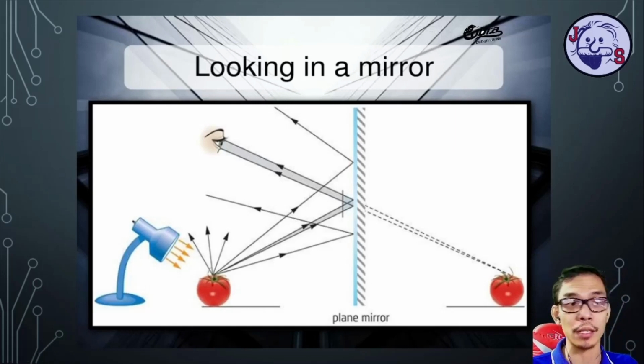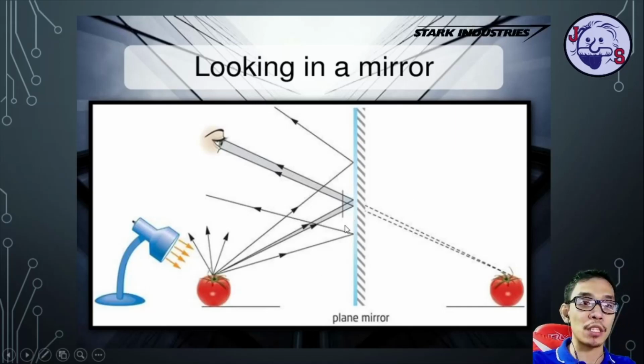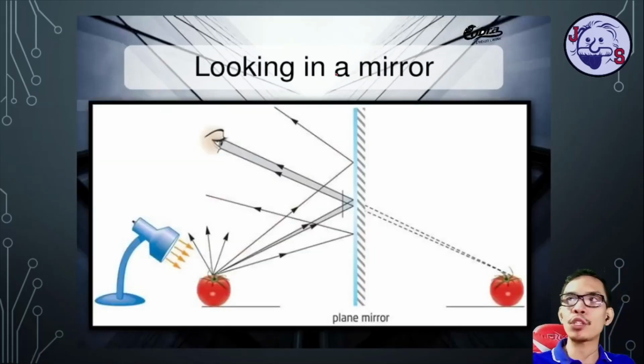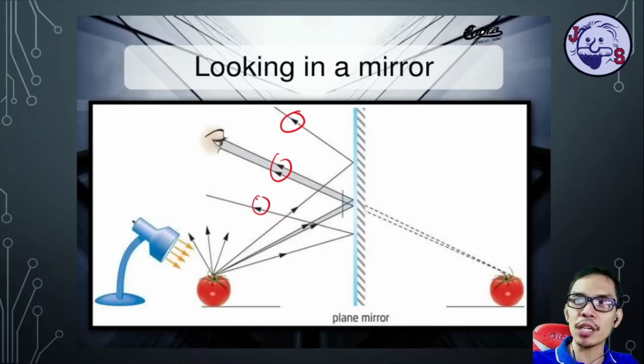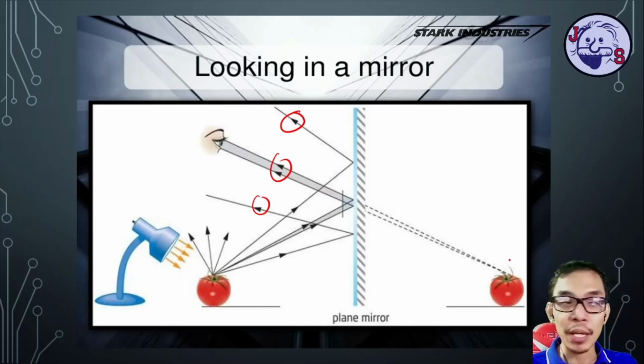Upon looking at the mirror, as you can see in the previous video lesson that we discussed last time about reflection, refraction, and virtual images, the image that is formed in the plane mirror is a virtual image, because none of the reflected rays that you see here are intersecting in front of the mirror. Our eyes and brain trick us into thinking that the reflected rays are being formed behind the mirror.